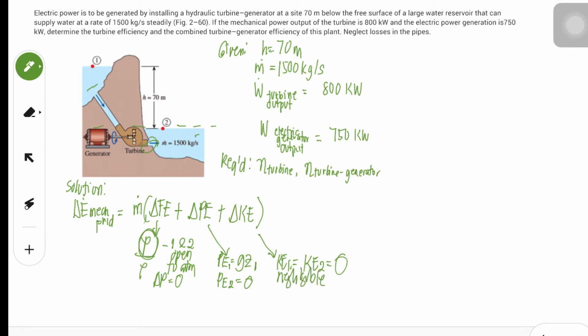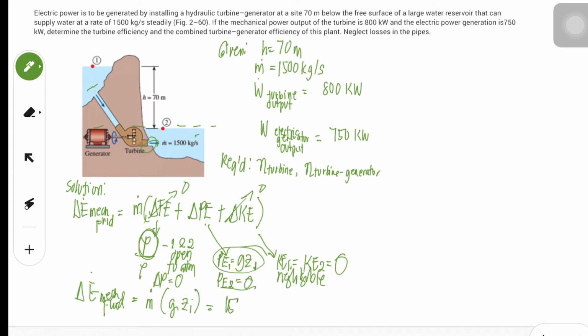So what remains of the mechanical energy of our fluid is the mass flow rate times, since the potential energy at point 2 is 0, gravity times the elevation at point 1.